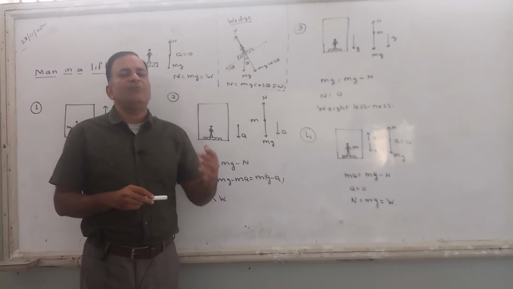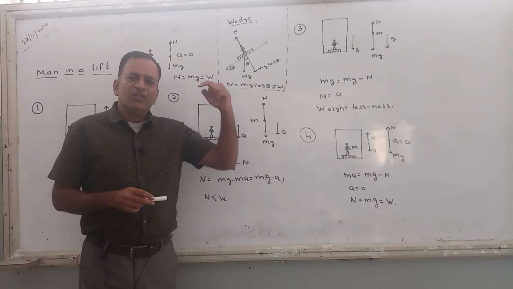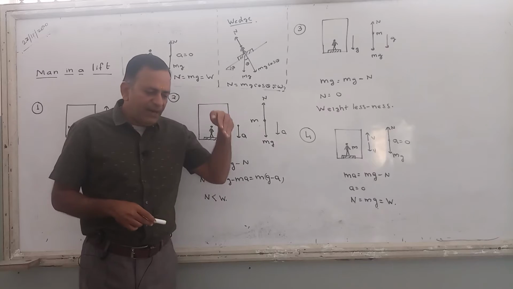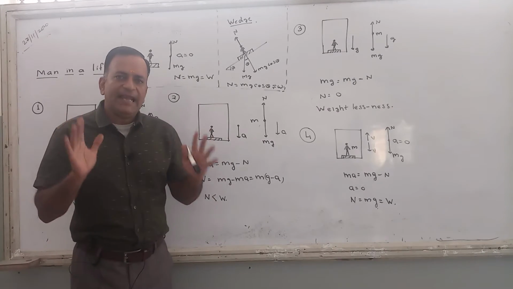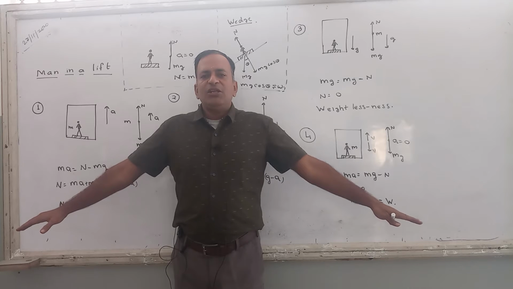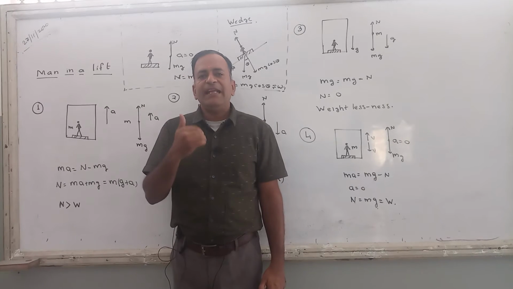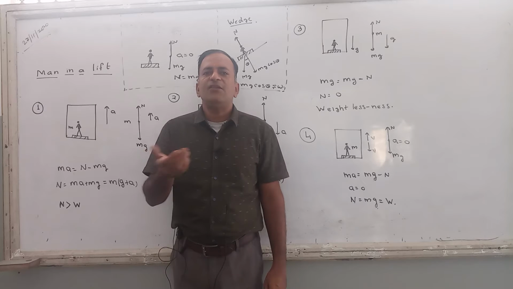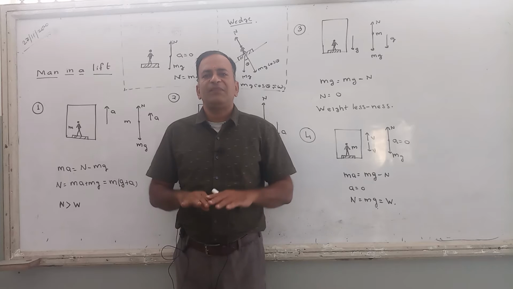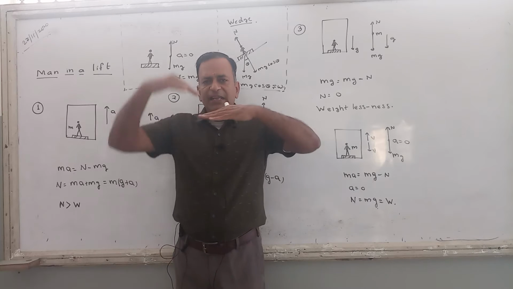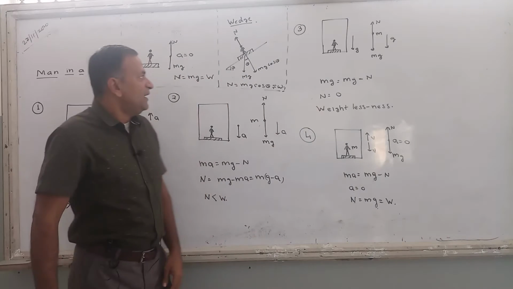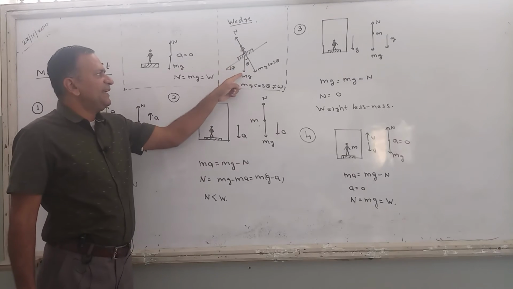It is always directed towards the center of the earth and always perpendicular to the surface of the earth. Suppose I am standing like this. The direction of my weight, a force, is always perpendicular to the surface of the earth. So the direction of gravitational force is this.